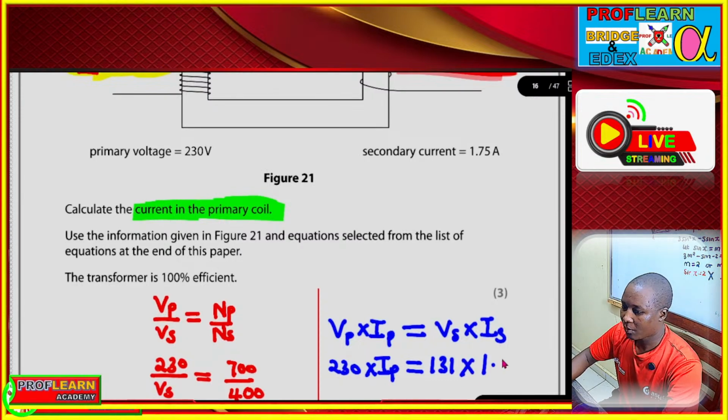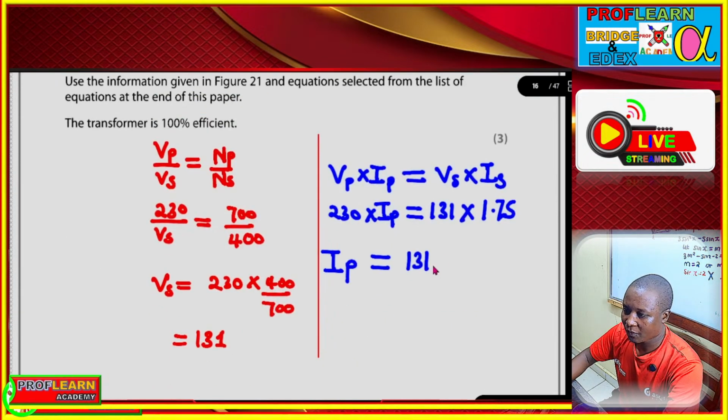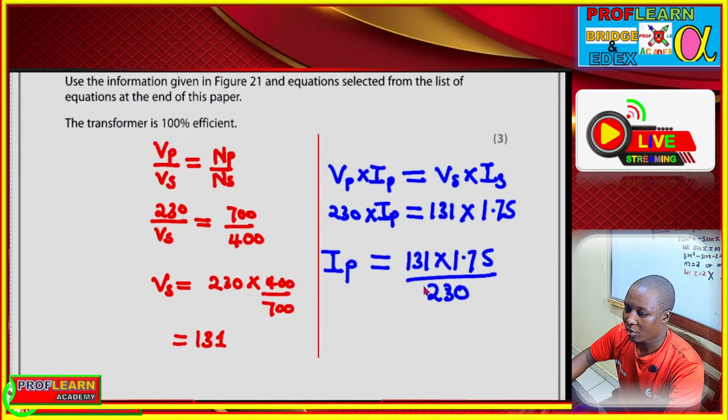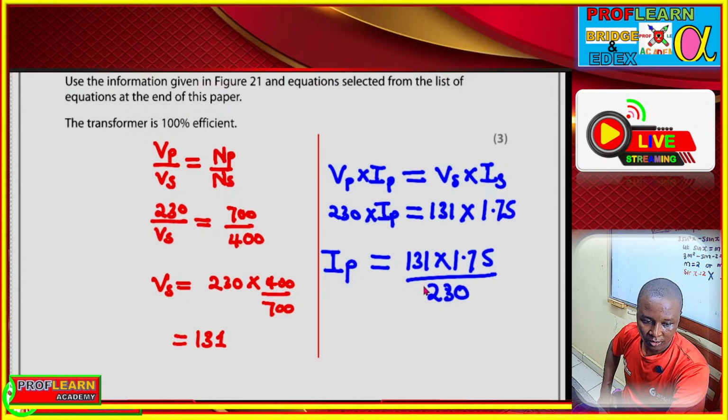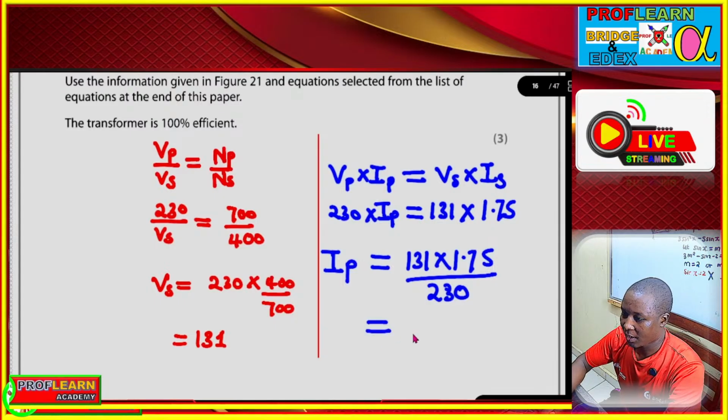So let's move to the next part, and if we divide by 230 both sides, we shall get our answer equivalent to what? Let's put it in the calculator.